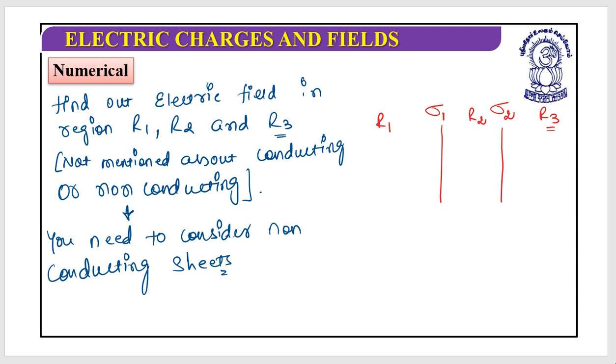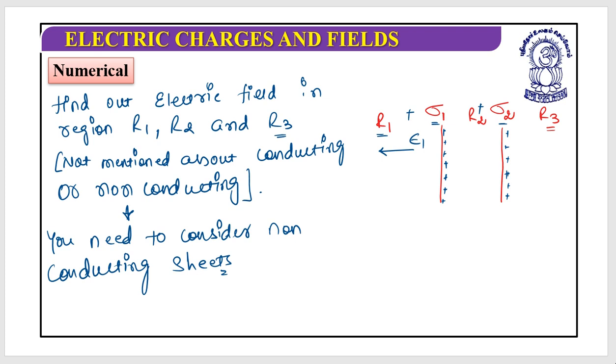Let's start with region number 1. This is sigma 1. As it is not having a negative, that means it is having a positive. These two are the positive surface charge density. Now due to this, the electric field will be moving outward. This is E1. Again this is positive, so the electric field will be moving in this direction. For your reference, can I put a plus sign on this so that things might get clear?